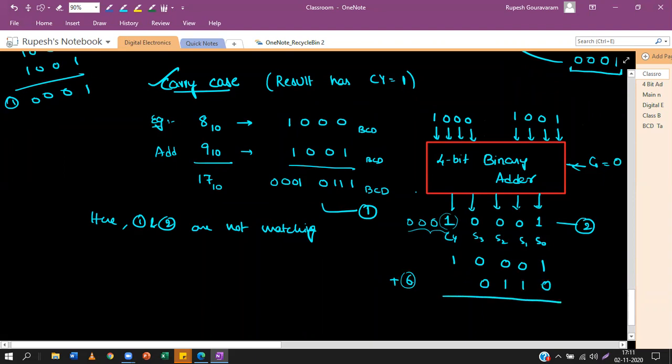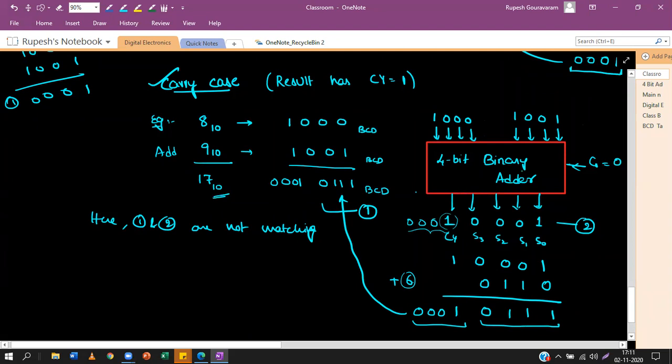When we add the correction factor of 6, this will be 11101. So if we extend 3 more zeros here, this becomes 4 bits and this is also 4 bits. In the binary format, is it matching with 1? Yes, 0001, 0111. Now we are getting the exact BCD value that we are expecting.